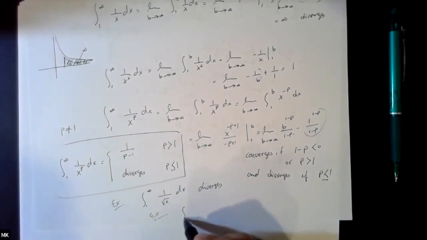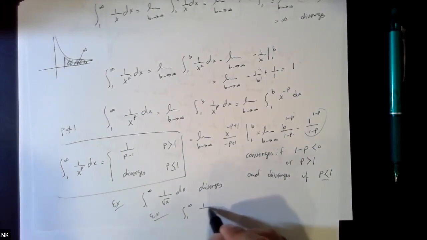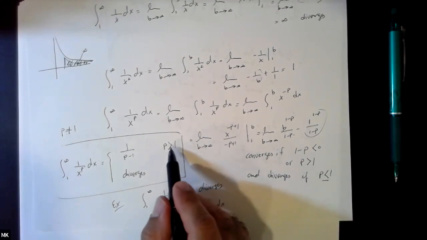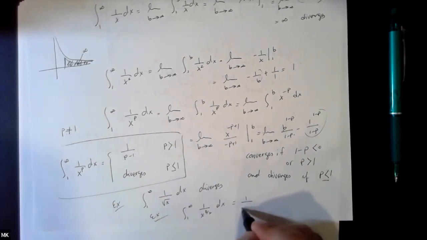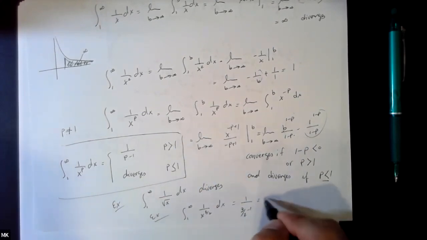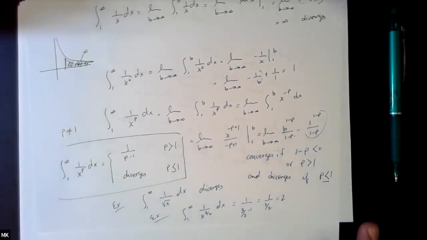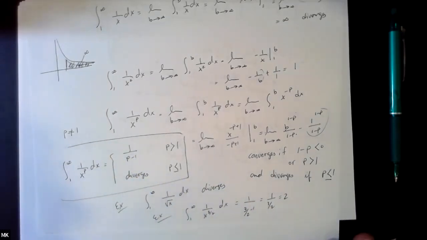And if I say the integral from 1 to infinity of 1 over x to the 3/2, because 3/2 is bigger than 1, then it's just going to be 1 over 3/2 minus 1, which is 1 over 1/2, which is 2. So you get that. You don't have to necessarily memorize this formula, but it's convenient if you do.